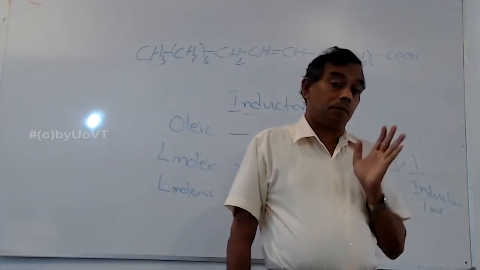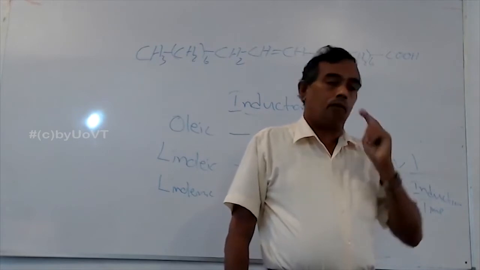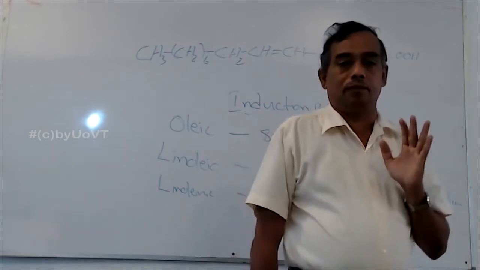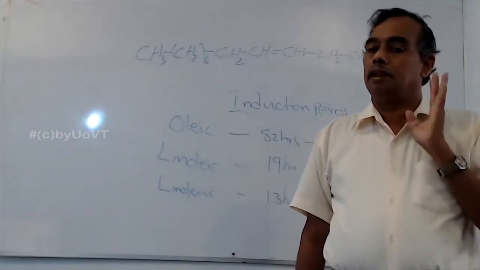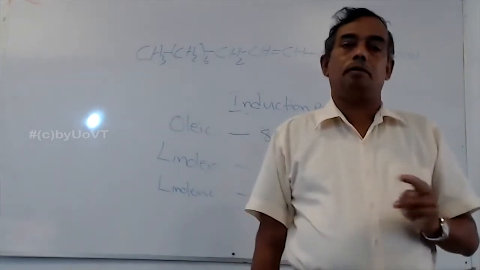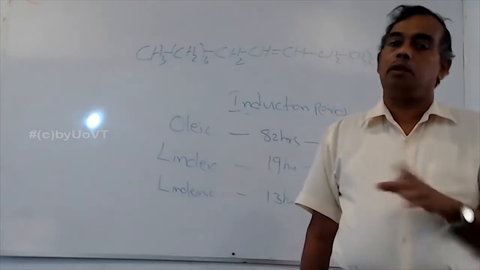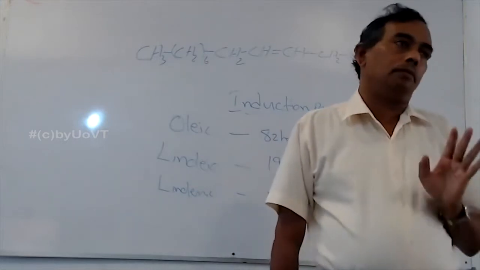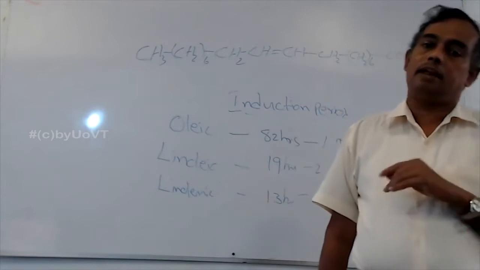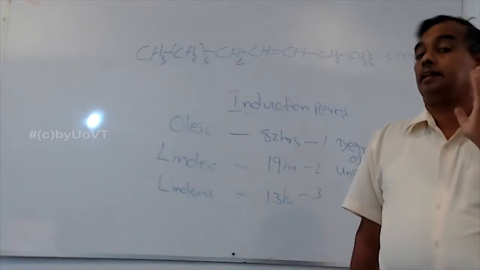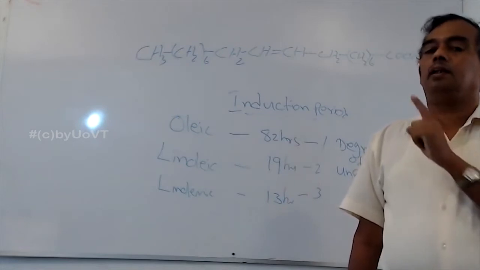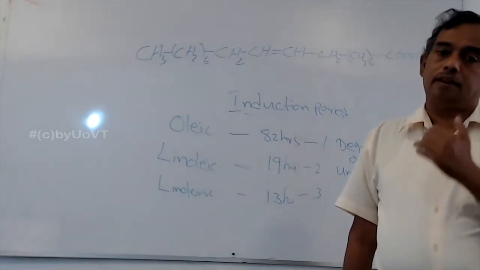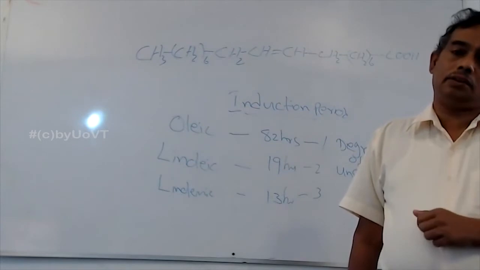There are other types of oxidation, but not auto-oxidation, because the principle behind auto-oxidation is the formation of free radicals at the double bond position. Saturated fatty acids have no double bonds, so no auto-oxidation process. Therefore, we can neglect it. But if it is unsaturated, depending on the degree of unsaturation, induction time gradually changes.